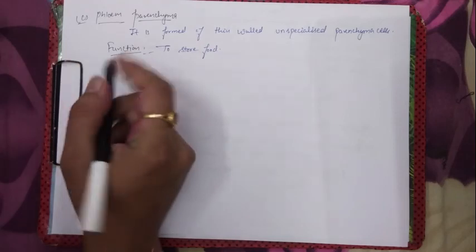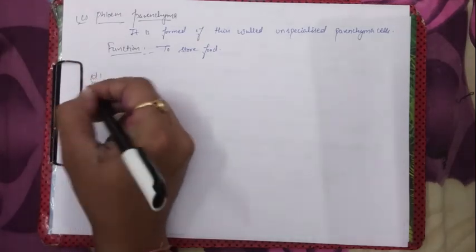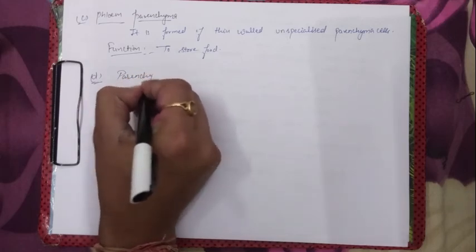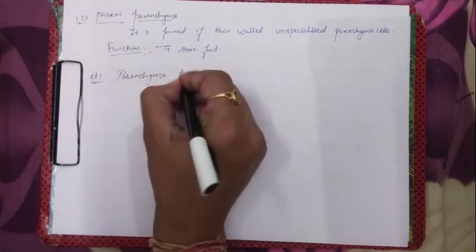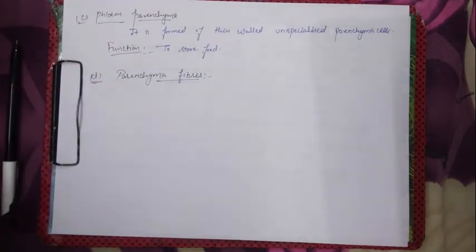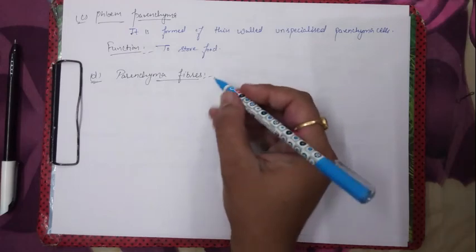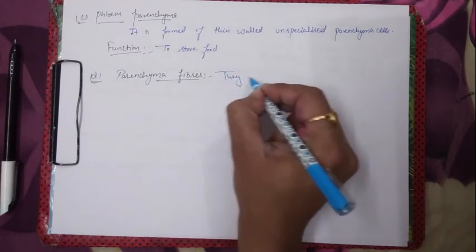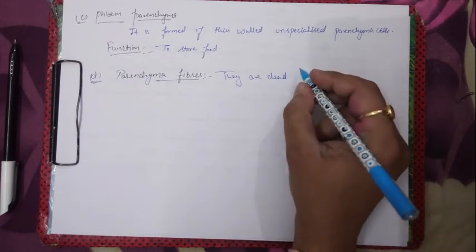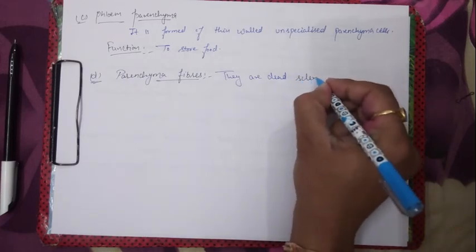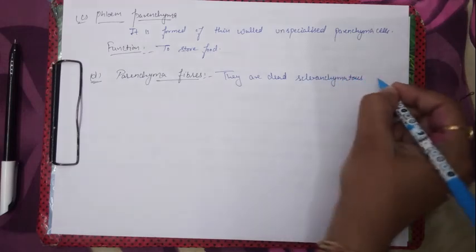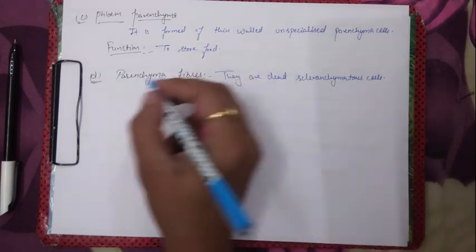Last are the phloem fibers. They are dead sclerenchymatous cells.